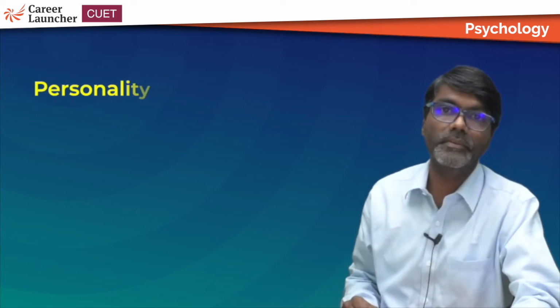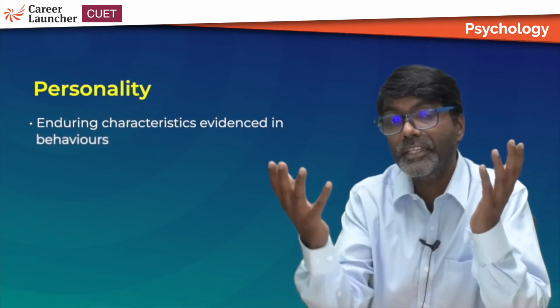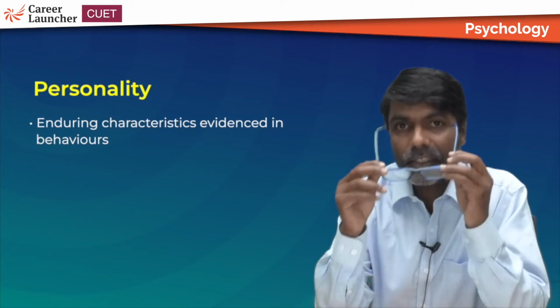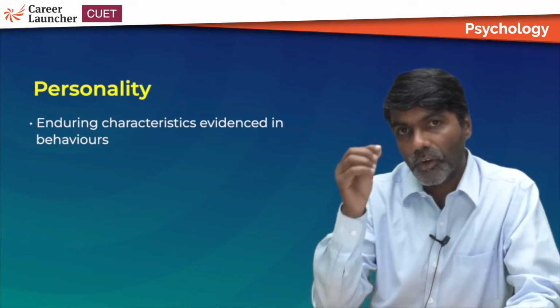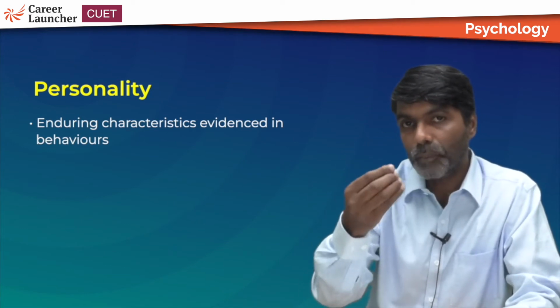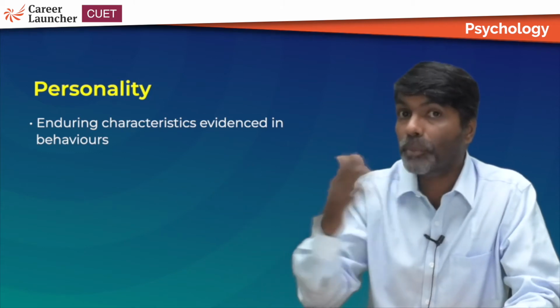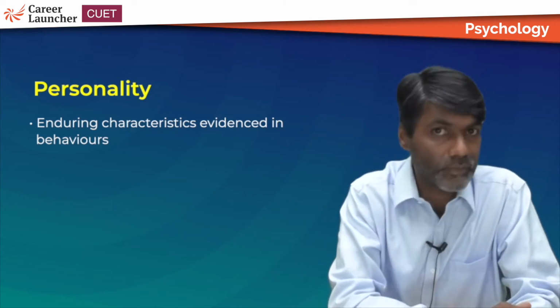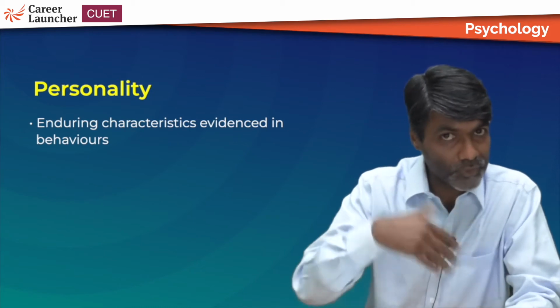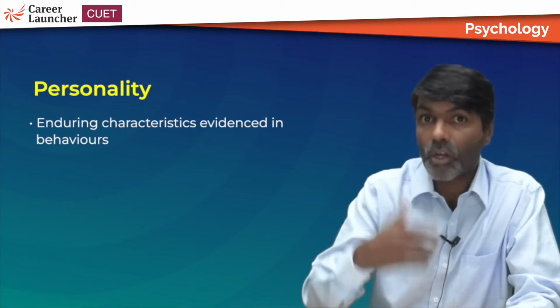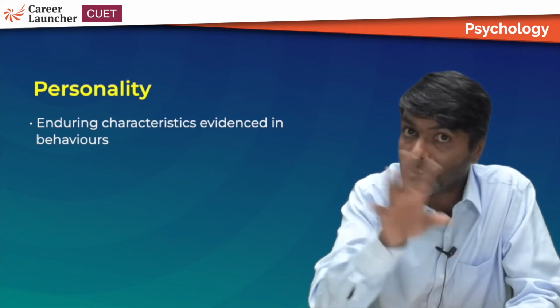Fourth is personality. What is personality? Personality is what I see a person behaving consistently over a period of time in a given situation. So personality is an external or outward manifestation seen in behavior.